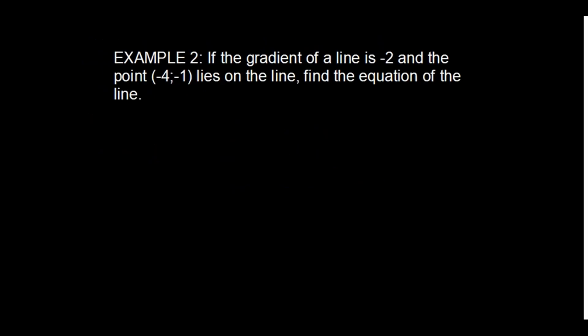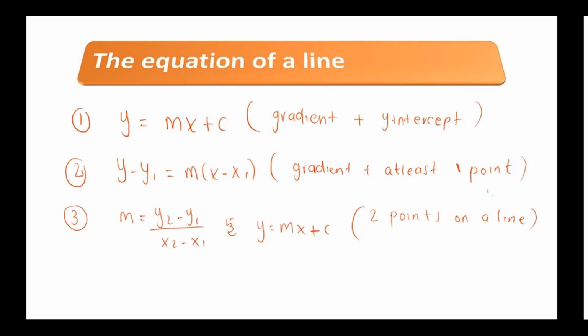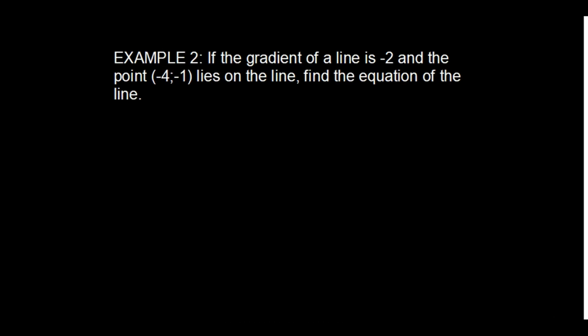Let's look at the next example. If the gradient of a line is -2, and you're given a point, -1 and -4, that lies on the line, find the equation of the line. What did we say here? We said that if you are given a gradient and at least 1 point, then you can use the equation y minus y1 equals m(x minus x1). So let's do that.